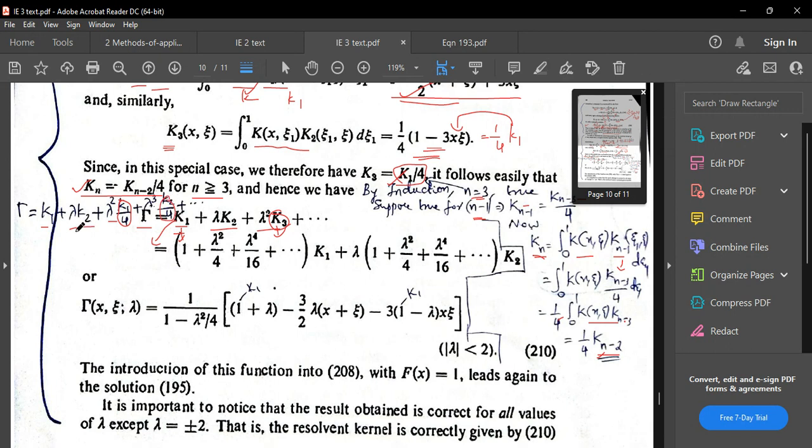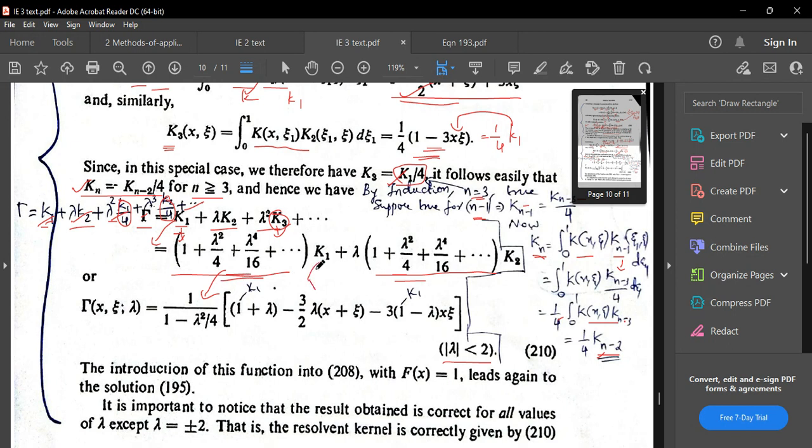By taking k1 common from the first term, third term, fifth term, etc., and taking lambda and k2 common from the second term, fourth term, sixth term, we will end up here. So we have this geometric series here and the same geometric series here. When mod lambda is less than 2, this geometric series converges to this factor, and it can be taken out common.